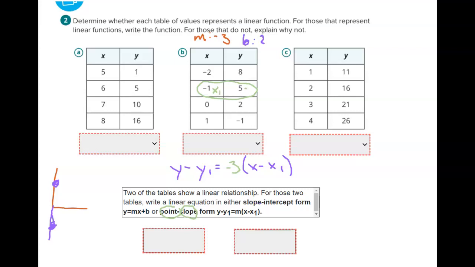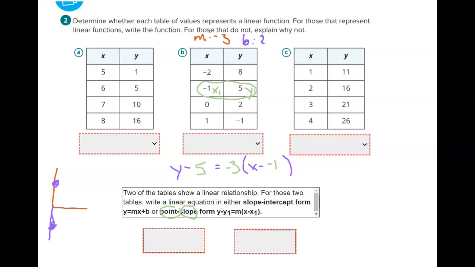And this is going to be our y, or in our equation, it's labeled y sub 1. So now we just need to substitute it. Y sub 1 goes here, x sub 1 goes here. So x sub 1 is -1, y sub 1 is 5.